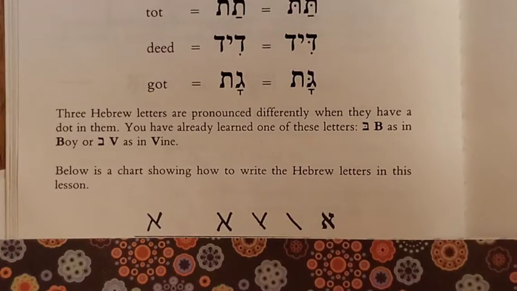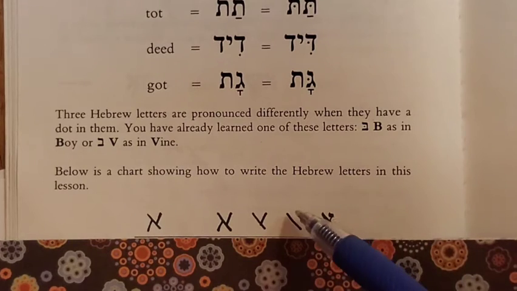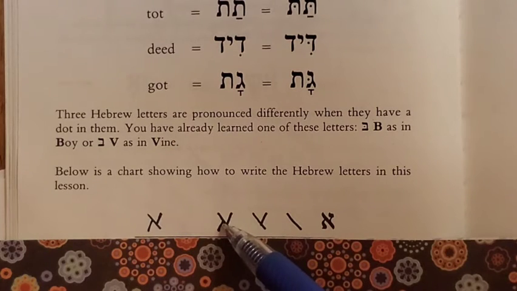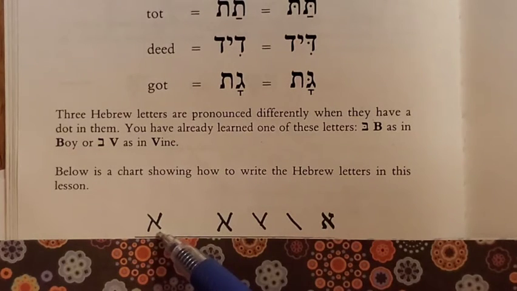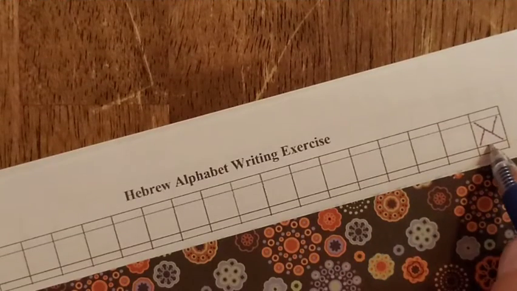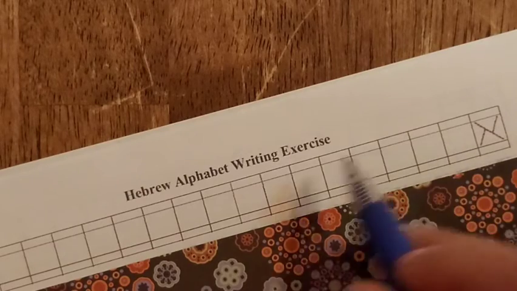We're going to go ahead and learn to write some of these newer letters before we go on. The Aleph is made with a diagonal line this way, and then you put a short stick line on that side of it and another stick line to prop it up on this side. So it ends up looking like that. All right, let's practice that. They have one done for us here. These little boxes are so cool on this practice paper.